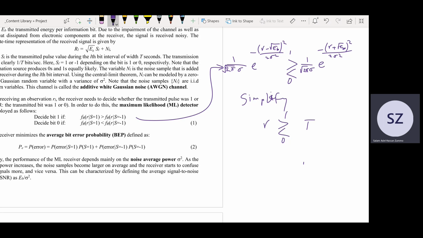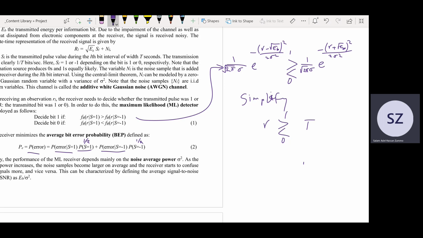This is the first thing. Second thing is the probability of error. Any question about this? Okay, probability of error. I told you that the probability of error is the average, right? Using the total probability law, it's the probability of error given S1 multiplied by the probability of S1, which is half, since I told you that they are equally probable, plus the probability of error given S equal minus 1 multiplied by the probability of S equal minus 1, which is again another half.